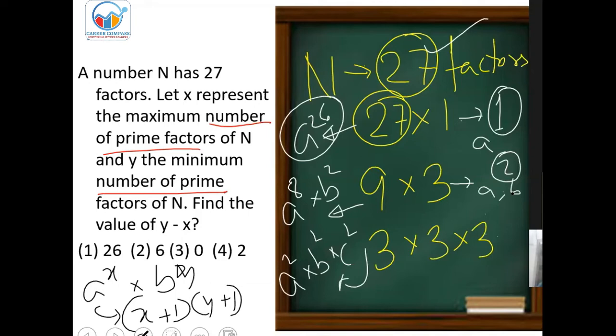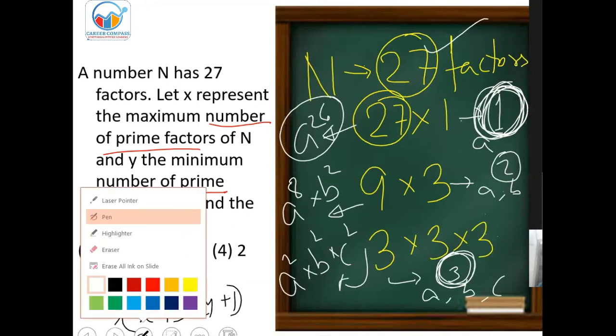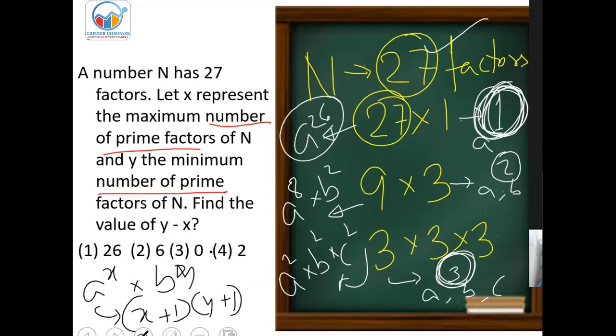What is the number of prime factors in this case? 3. a, b and c. So what is the highest number of prime factors? 3. And what is the lowest number of prime factors? 1. So what is the difference? 2. That is your answer. Your answer to this question will be 2.